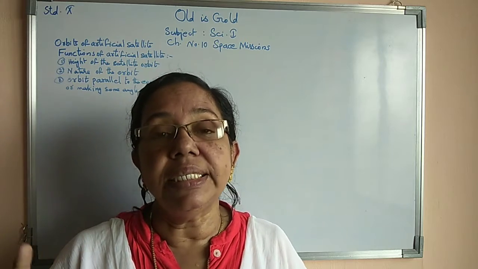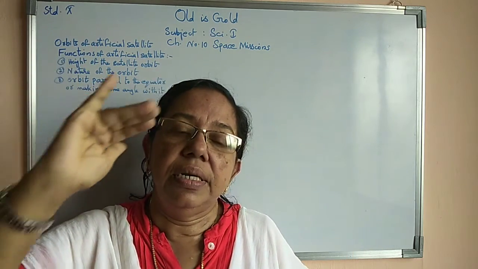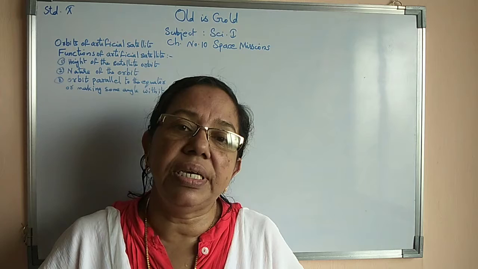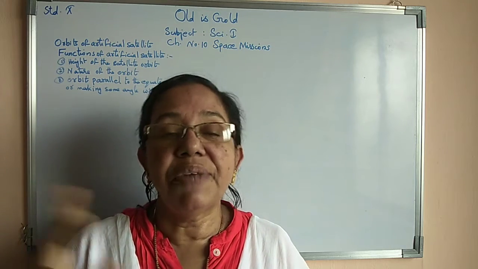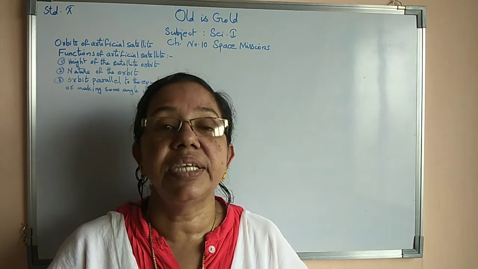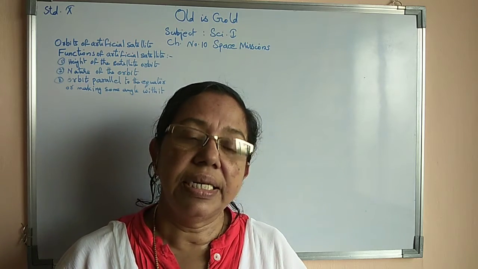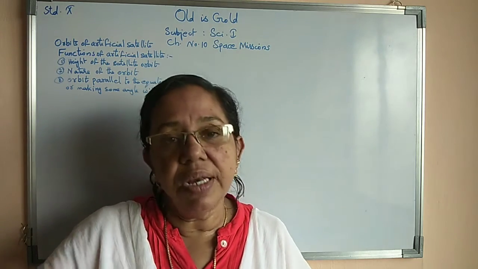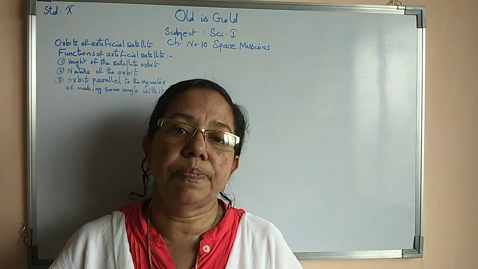Once it is fixed at a part of the orbit, a certain velocity is given to the satellite. With the same velocity it will revolve around the earth.